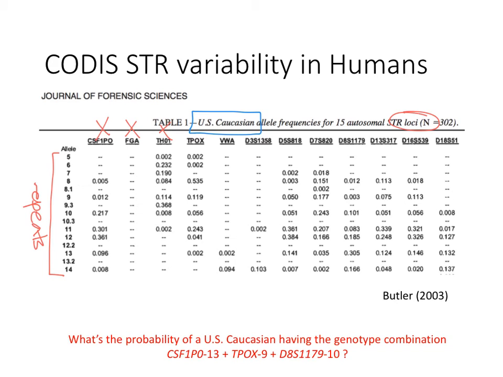If you were a forensic scientist and you had a DNA sample and somebody said it's from a US Caucasian, which allele would you guess would be the most likely one contained in that DNA sample? This column. Yeah, so you look for the biggest number.